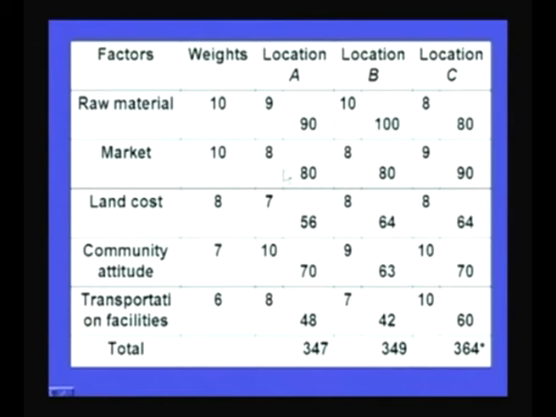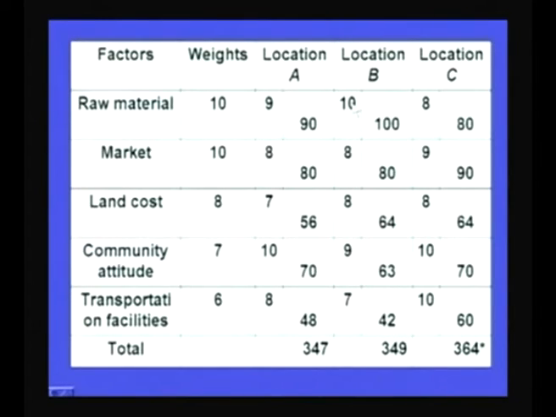Now, I have been using the word marks, we can also say these are points, that so many points have been given to this particular location. Now we multiply the weightage with the points that have been given to that particular alternative. Location A has got 9 in raw material and the total weightage given is 10. So 10 multiplied by 9, we get 90 here.